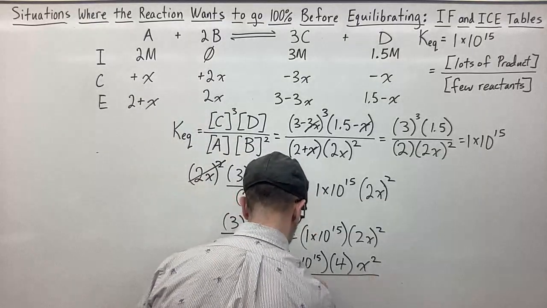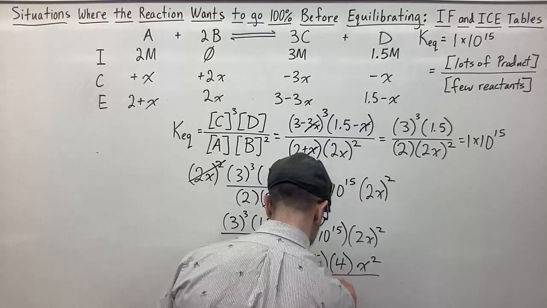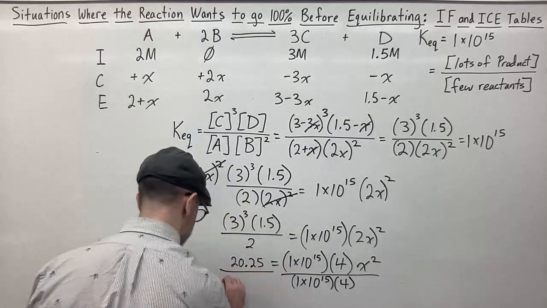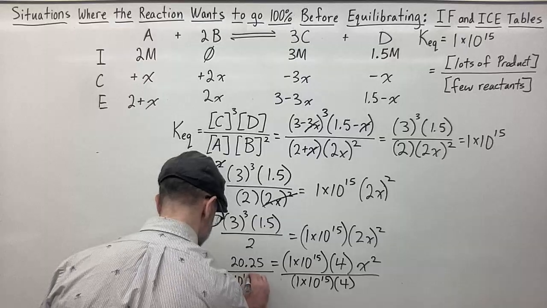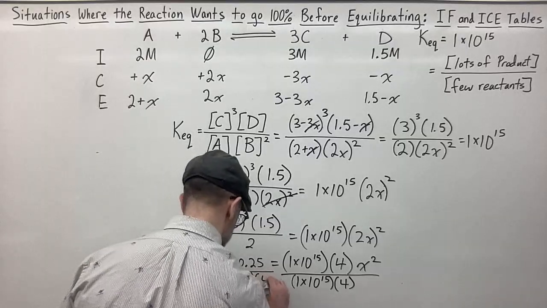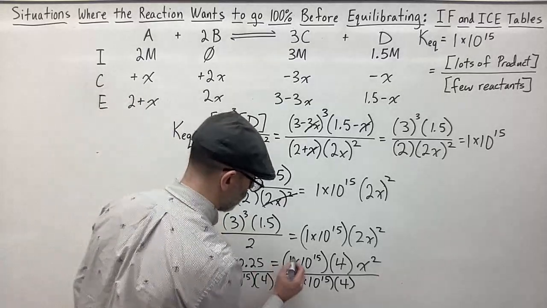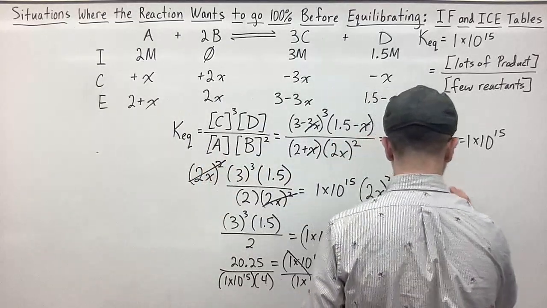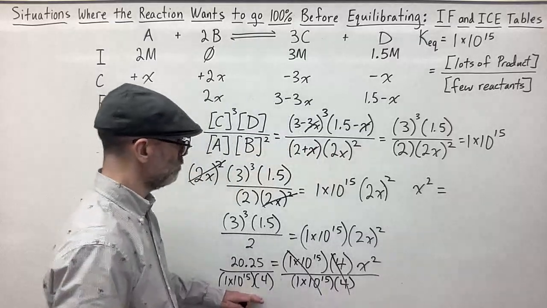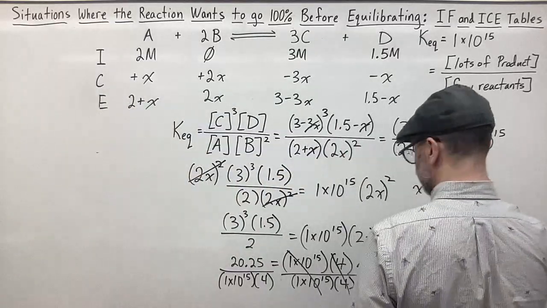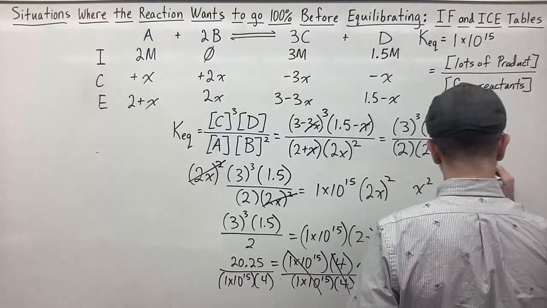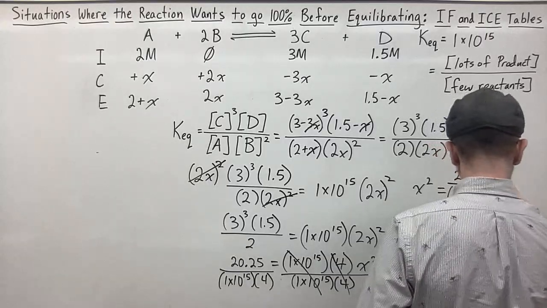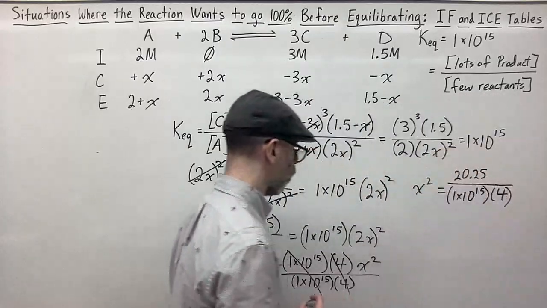If we divide by 1 times 10 to the 15, and also divide by 4, then this cancels out, and we end up with x squared equal to 20.25 divided by 1 times 10 to the 15 divided by 4.